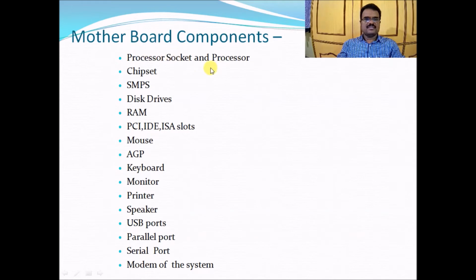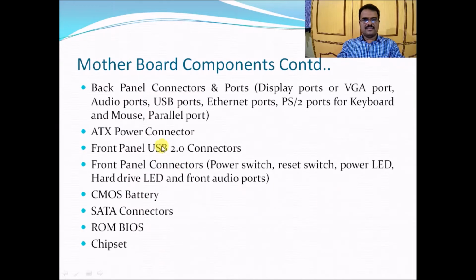Here we can list them: processor socket and processor, chipset, SMPS, switched mode power supply, disk drives, RAM, random access memory, PCI, IDE, ISA slots, mouse, AGP, keyboard, monitor, printer, speaker, USB ports, universal serial bus ports, parallel port, serial port and modem of the system. These are the components available on the motherboard, and there are other components also.